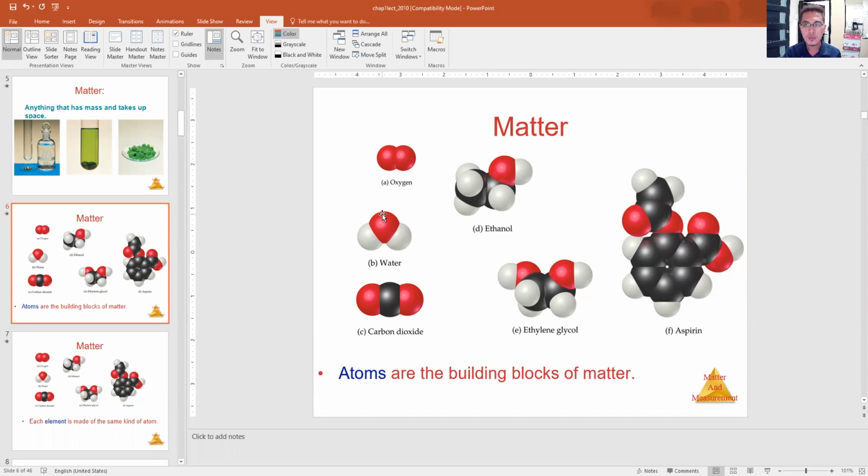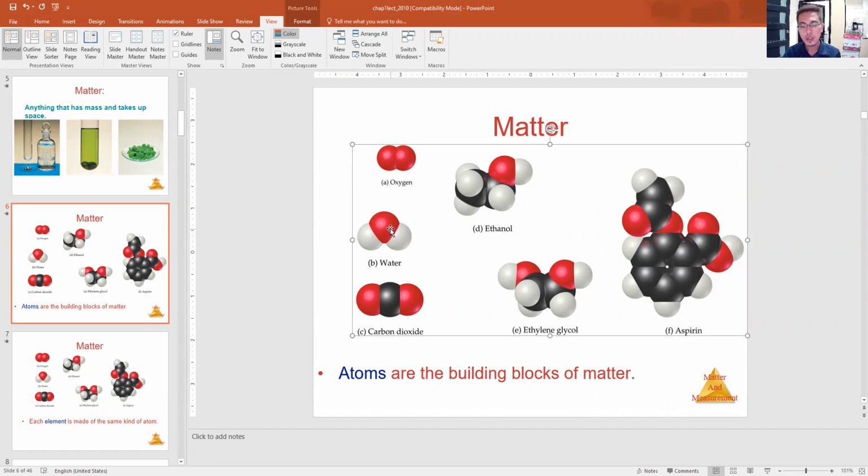For oxygen, it is composed of two atoms of oxygen. This is the molecule of oxygen. Elemental oxygen is O alone, but for this one, letter A, this is O2 for the molecule, a diatomic gas, oxygen.